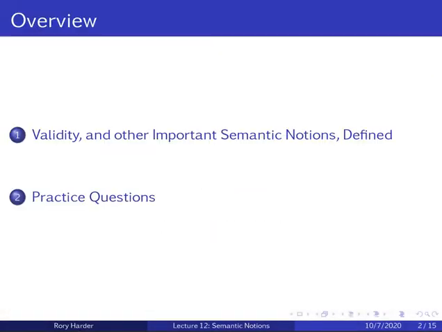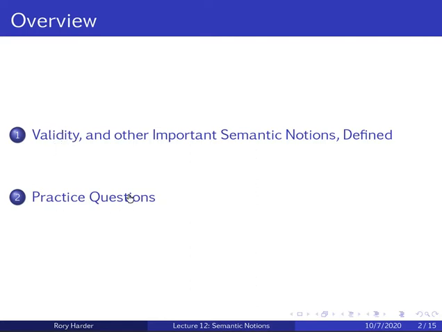So in the first part of this lecture, I will give you the precise definitions of validity as well as other important semantic notions, which have already come up at an intuitive level. But again, now we're going to be able to give precise definitions of them.